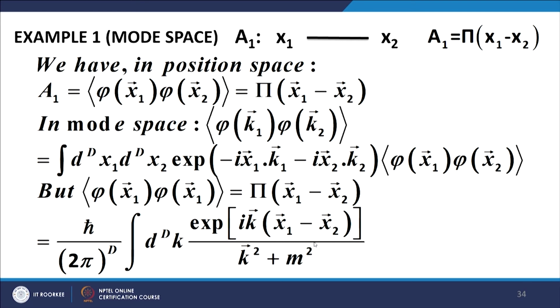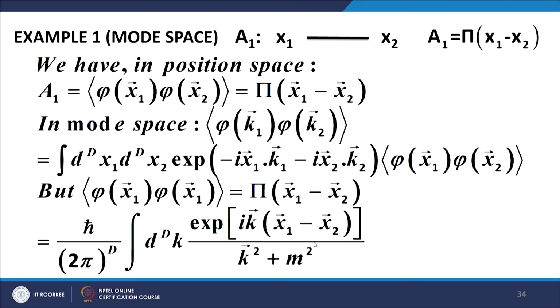In the mode space or in momentum space, we will have phi k1, phi k2, and that will be, by using the relationship between k1 and x1 and k2 and x2, the Fourier transforms of each other, we get integral over x1 integral over x2 exponential minus i x1 k1 minus i x2 k2 phi x1 phi x2.